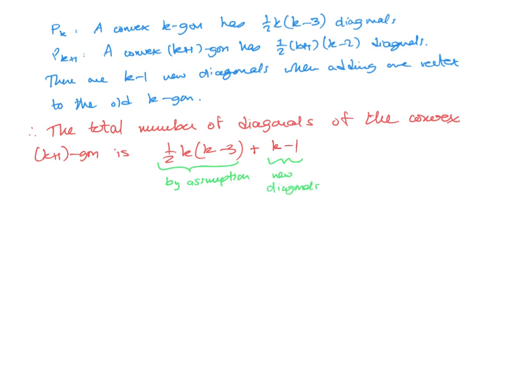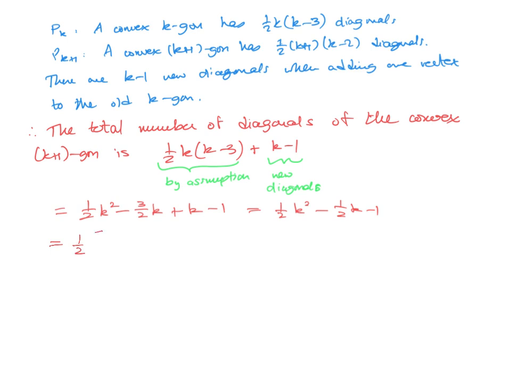And now it's just a matter of simplifying this. So I'm going to go ahead and distribute the k minus 3, and then 1/2, and then try to factor. So here we go, which is equal to 1/2 k squared minus 3/2 k, and then plus k minus 1. I'm going to combine like terms first: 1/2 k squared minus 1/2 k minus 1, which I will then factor out of 1/2.